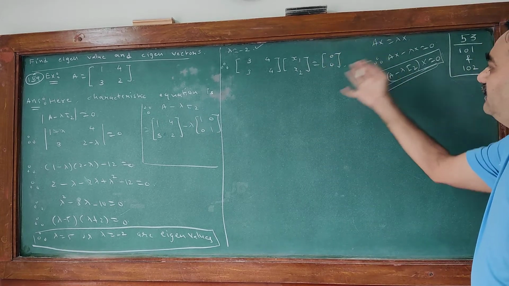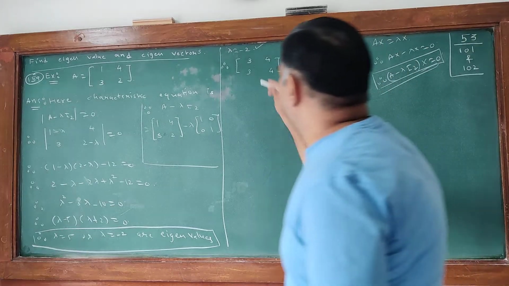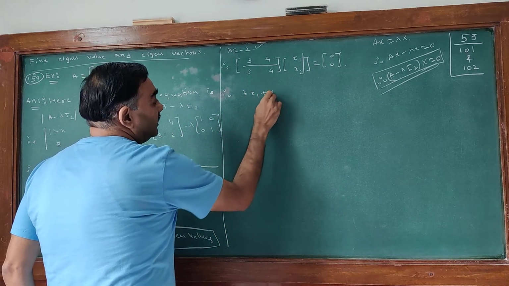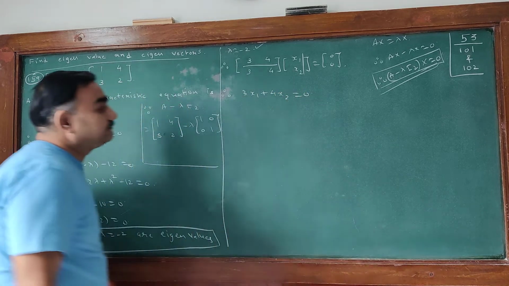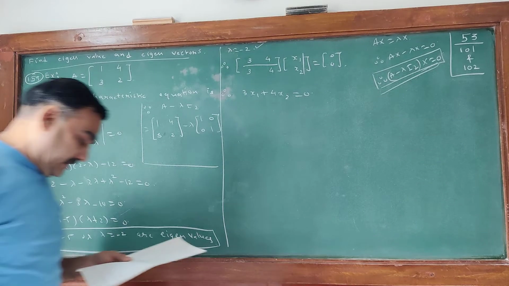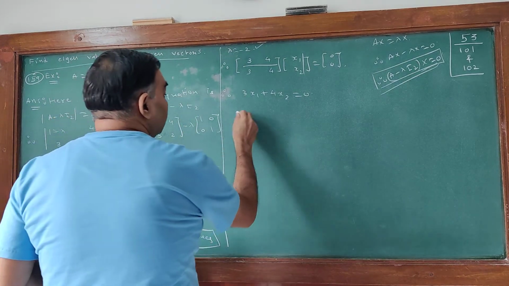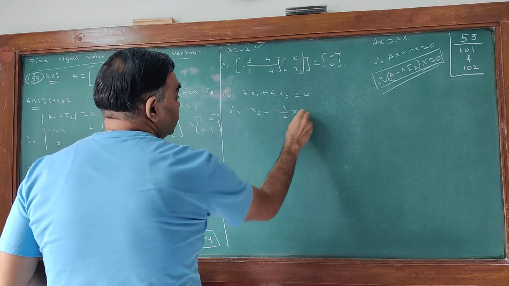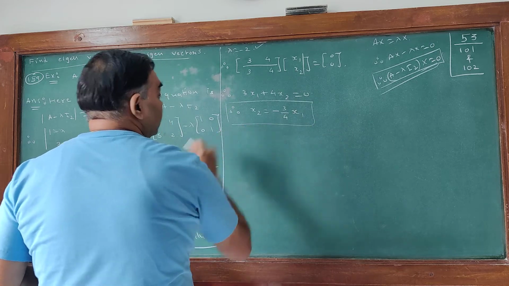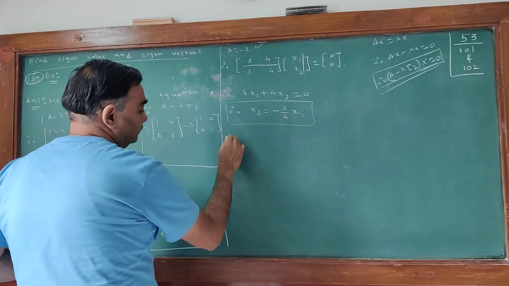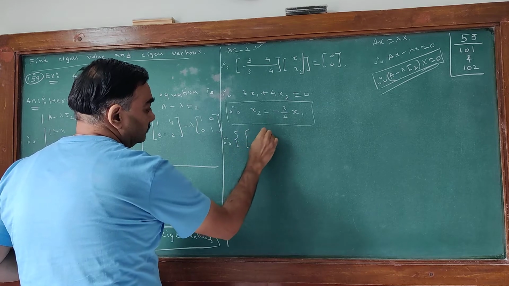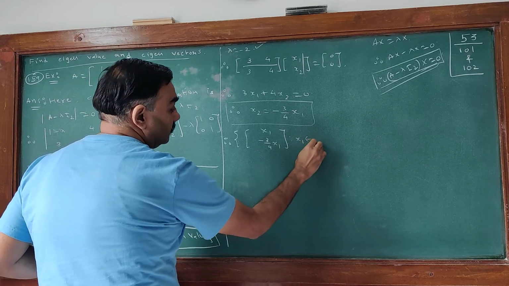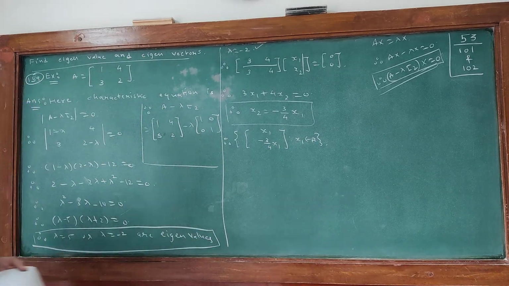Clear? So we have found it from here. And if you multiply this, what we will have? 3x1 plus 4x2 equal to 0. And therefore x2 equal to minus 3 by 4 x1. So this is the value of x2. This is eigenvector.